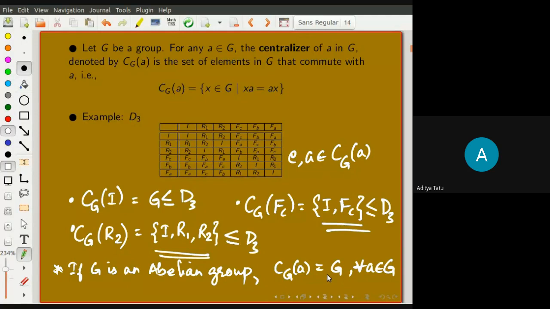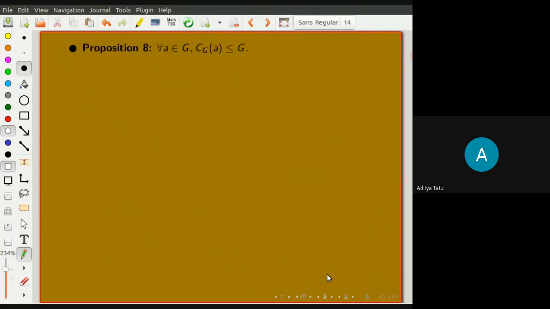So the natural question is whether this is just a coincidence or a result that we can prove. It is your next proposition. I claim that for any group and any element, the centralizer of that element in the group has to be a subgroup of G.